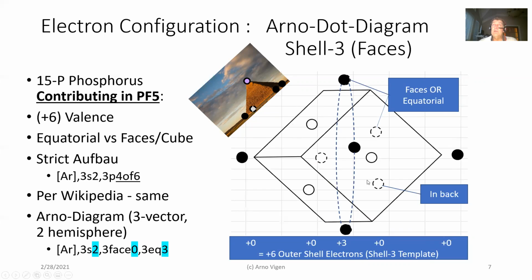Now, the thing is, you also still have the option of having an equatorial, okay? And you have the two poles, of course, because those are always building up, okay? But it becomes faces or equatorial. Because the maximum of the shell is 8, you can't have 6 plus 3, that would be 9, okay?